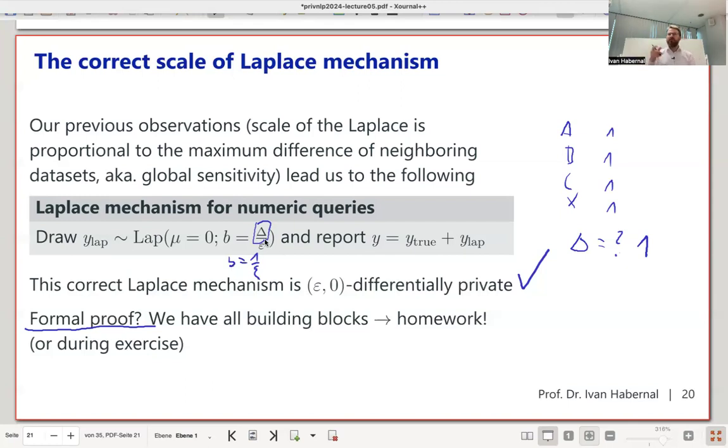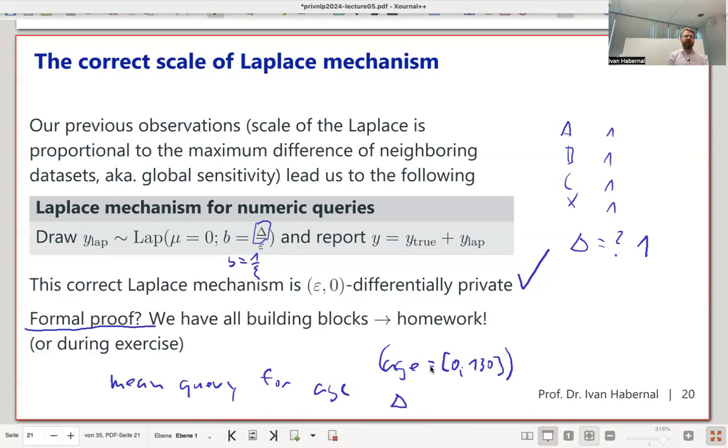Let me do it for you: the mean query for age, and let's say age is somewhere between 0 and 130. So what is the global sensitivity? Not now, think about it.